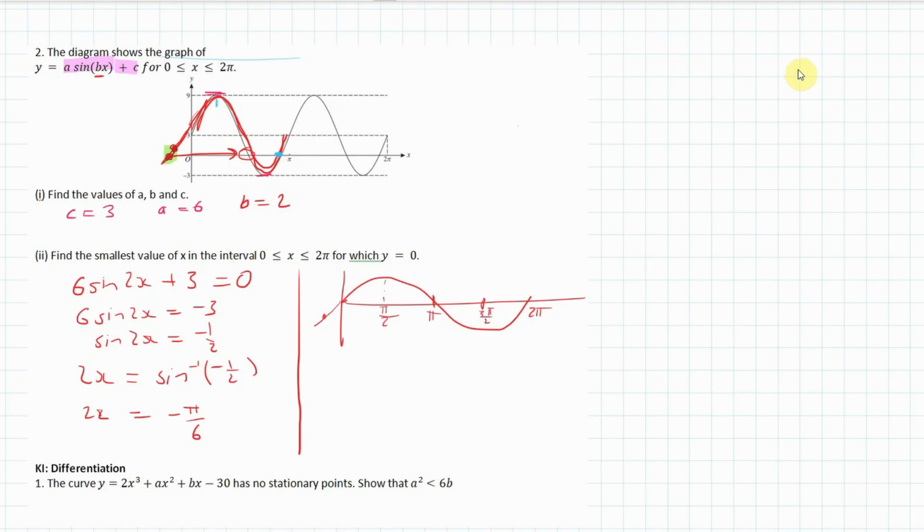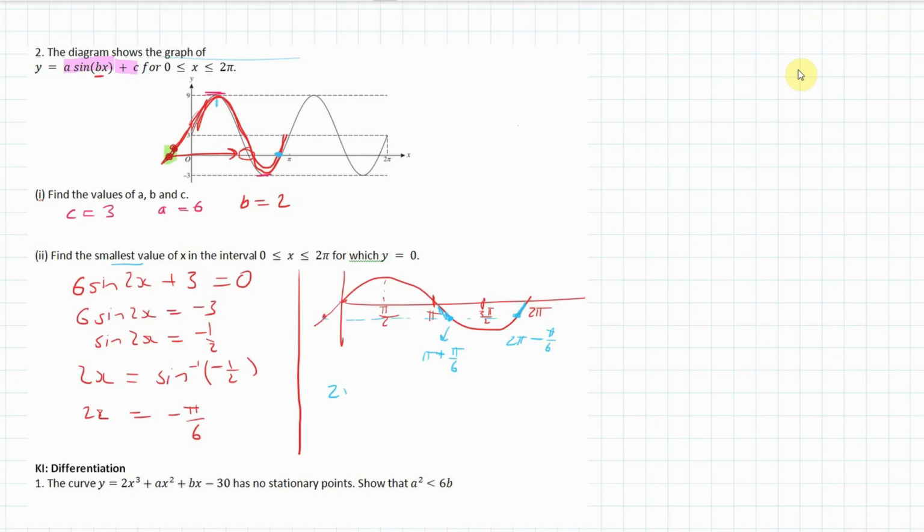Now if we look carefully, we can add 2 pi to this, which gives us this one here. So that's 2 pi minus pi over 6. And you can see that this is pi over 6 away from 2 pi. So the one that we actually want is this one here, the smallest value. So we're going to say this one here ought to be pi plus pi over 6.